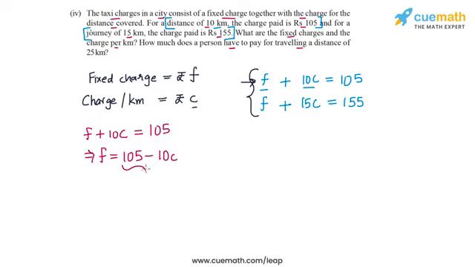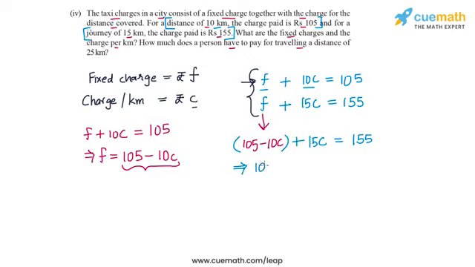And this expression for f I will substitute into the second equation. So the second equation is f plus 15c equal to 155. So instead of f I will write 105 minus 10c, and then we have this plus 15c is equal to 155. So now this is an equation in c alone. So let's solve it and find the value of c.